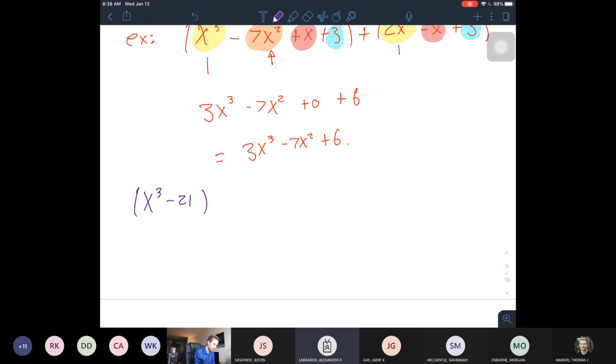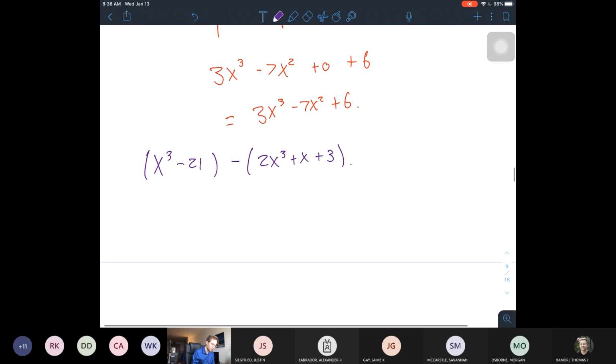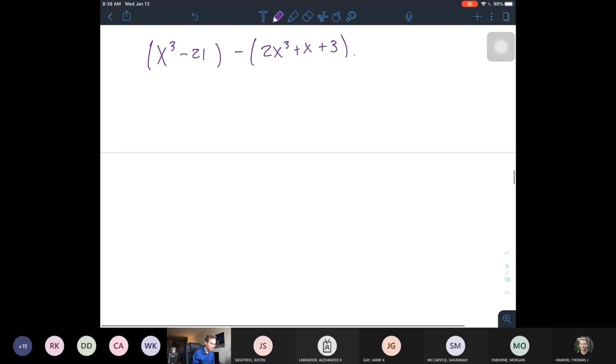We'll take that polynomial and we will subtract 2x cubed plus x plus 3. Okay, so let's try this one. All we have to do is find the terms which have like degree and combine those. And remember, I need to distribute this minus sign onto each of these 3 terms here.